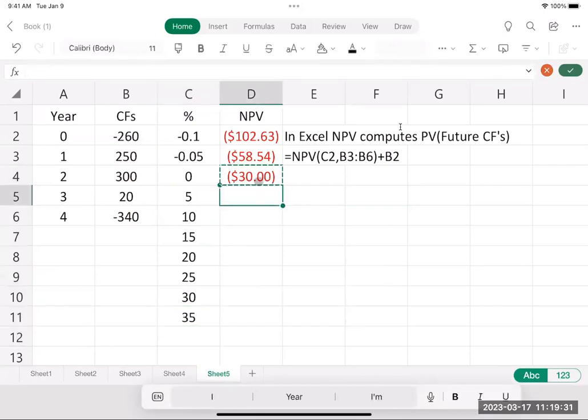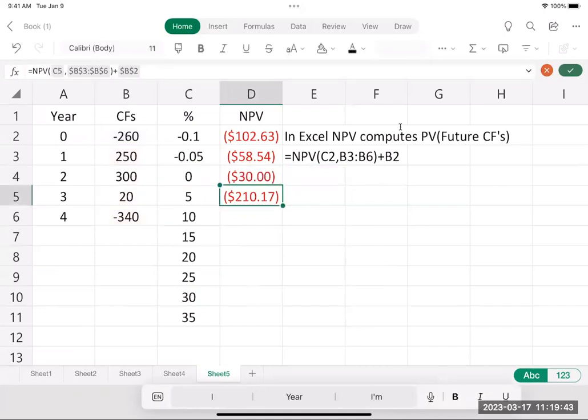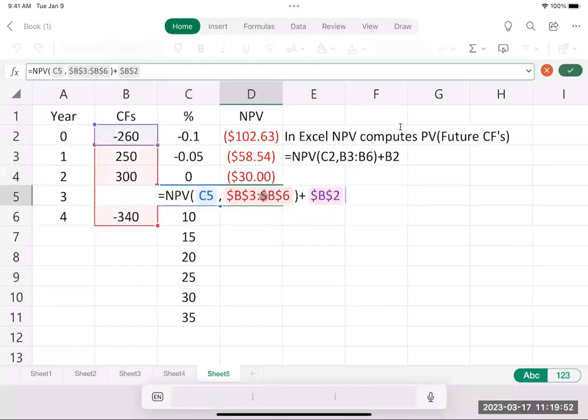So this should be 12 negative. Why not? Okay, I don't want to waste your time with this. But I guess if you want to use Excel, you got to practice, and I'm trying to make it the easiest way. The easier way is just to put the numbers in, so I don't get the wrong answer. So I'm going to just put the numbers in.